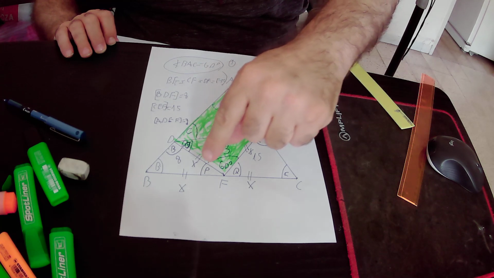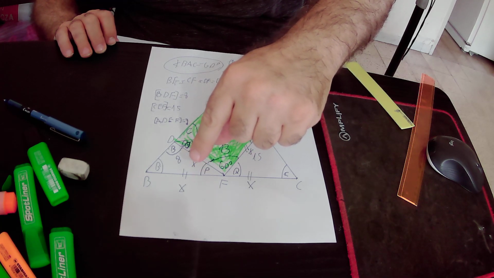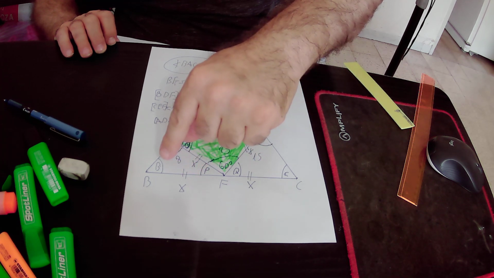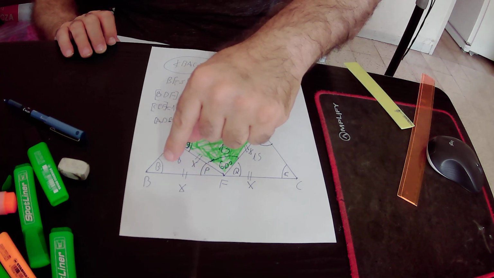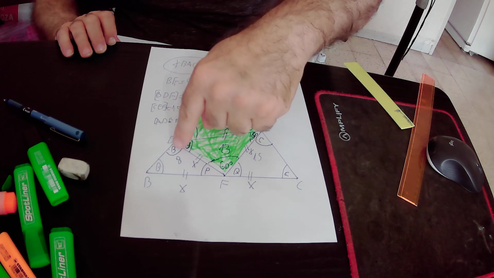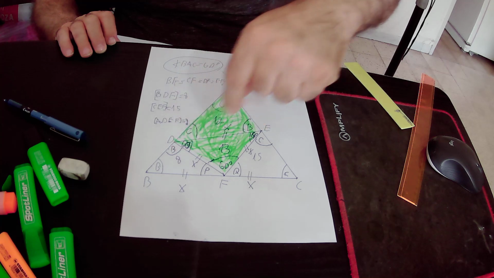Those two angles are located in front of equal sides, therefore they are equal to each other. So if this angle is B, then this angle must also be equal to B.